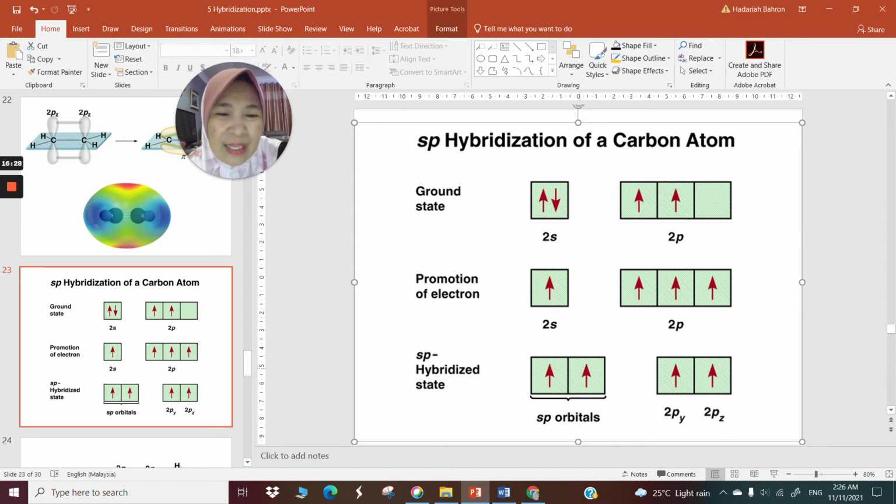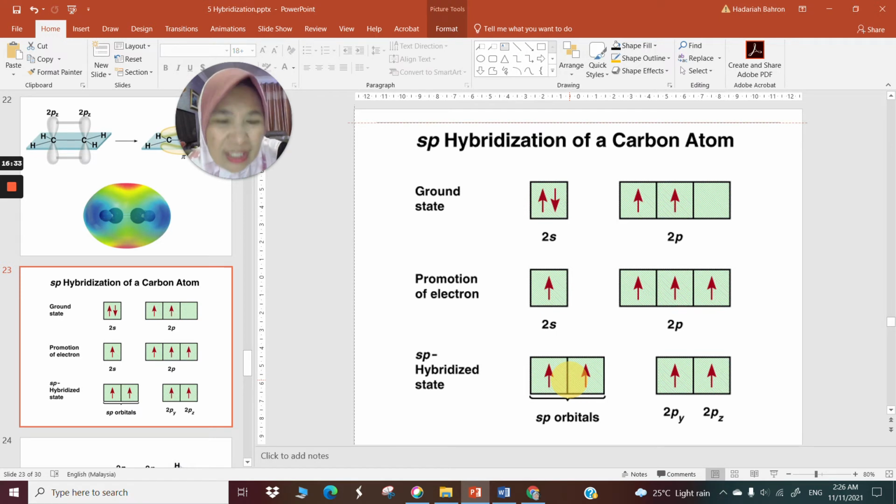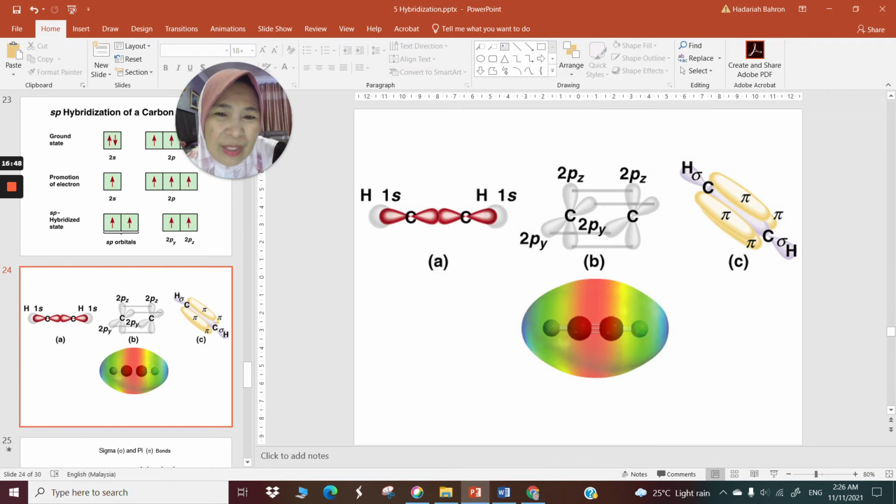If you need only sp hybridization, this is what's going to happen. You get sp orbitals, whereas your 2py will have one electron and your 2pz will have another electron.